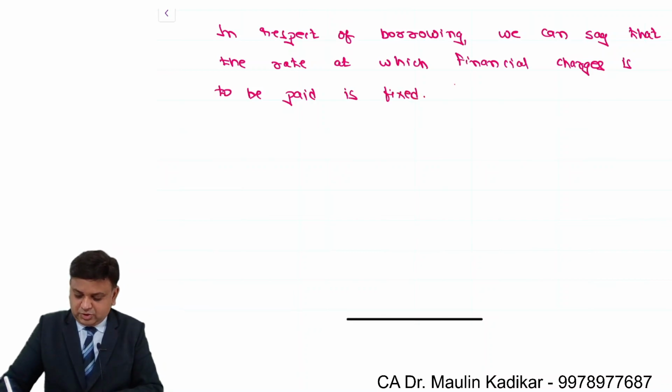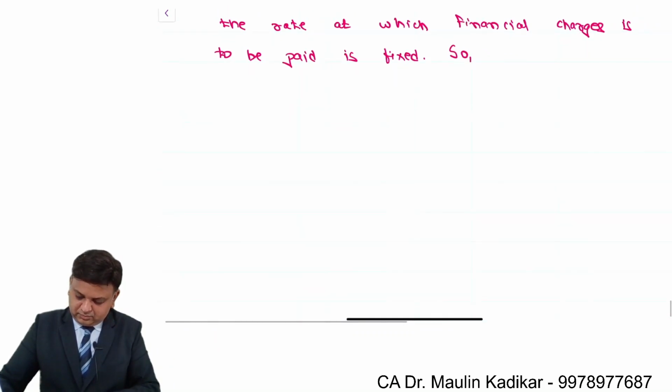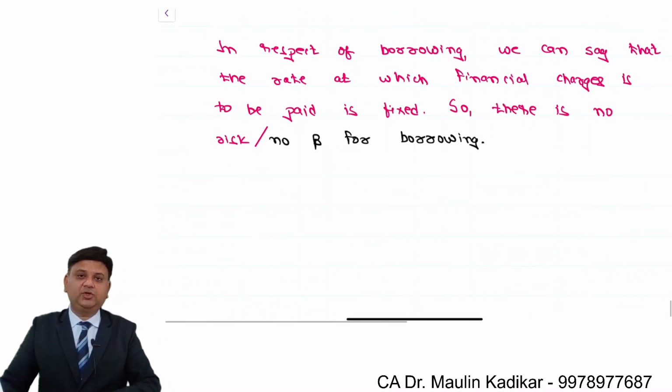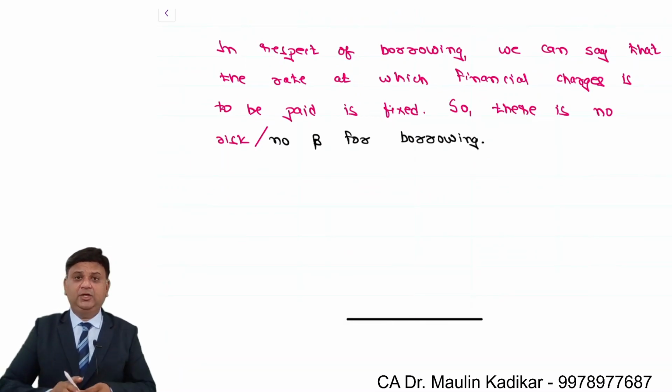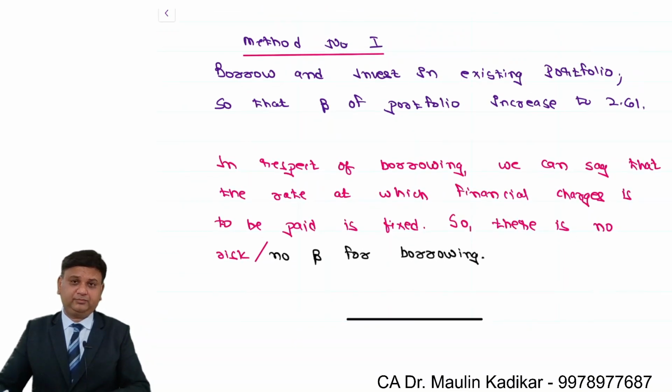Full stop. So there is no risk, no beta for borrowing. It means that the rate at which you are going to pay the financial charges is the same, so it does not have any beta. So the beta for the borrowing will be taken as 0.